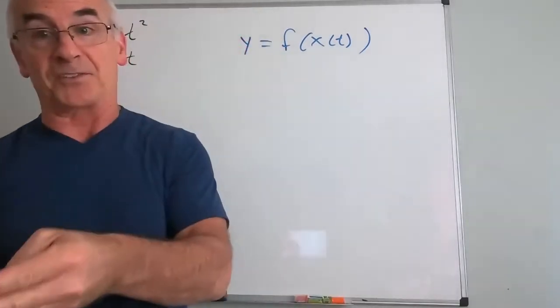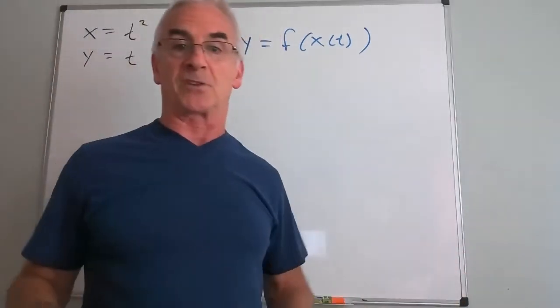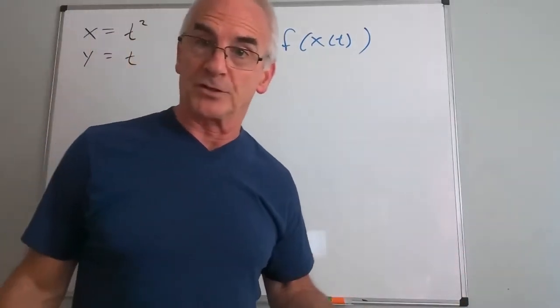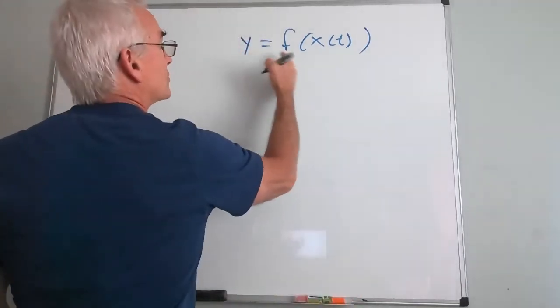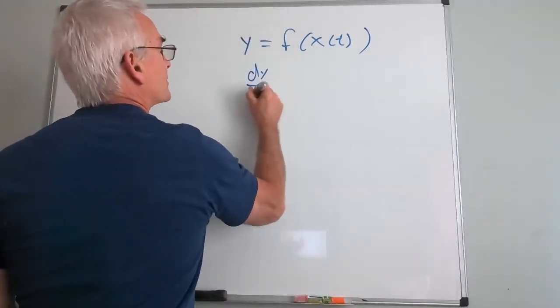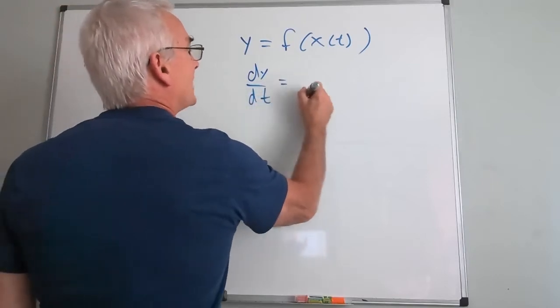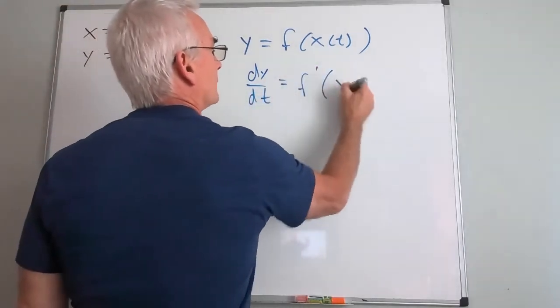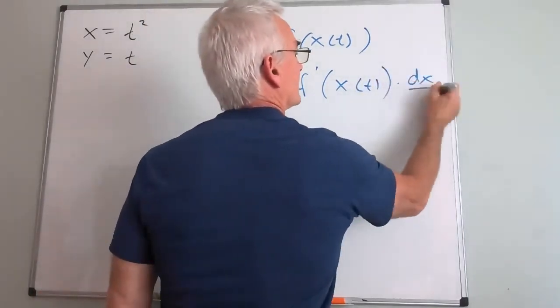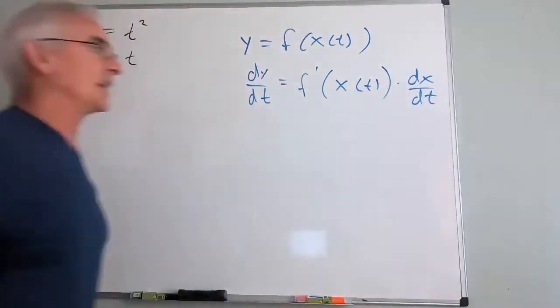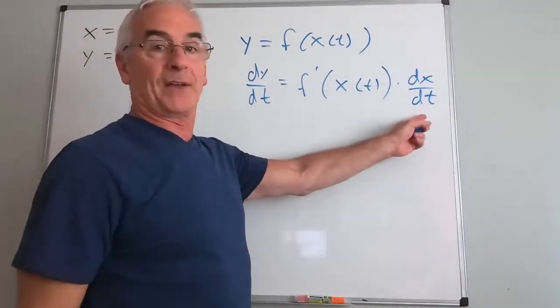How fast is the velocity changing when the radius is changing, and so on. We made all the variables functions of time in that case. So if I wanted to take the derivative of y with respect to t, I know that would be f prime of x of t times dx dt. We did things like that. That's simply the chain rule factor.